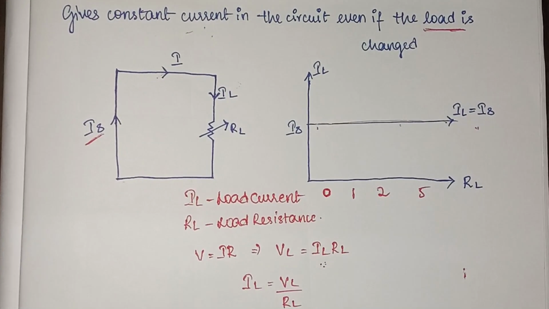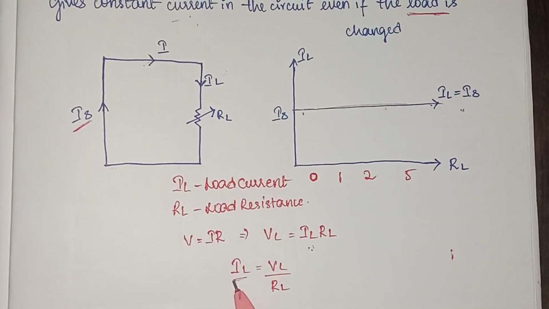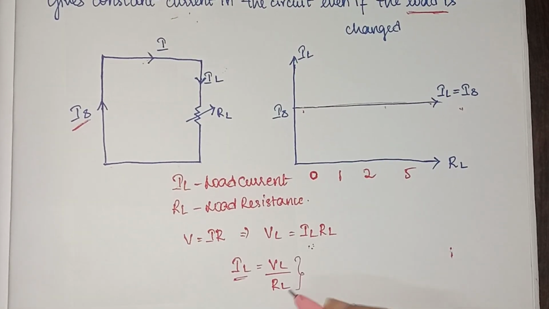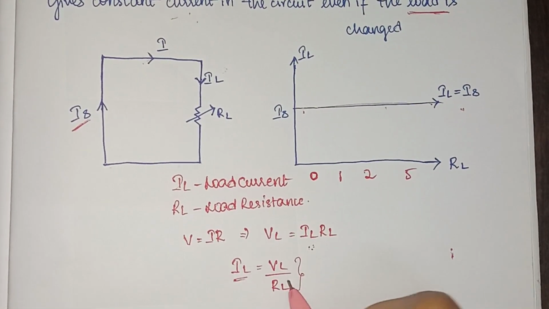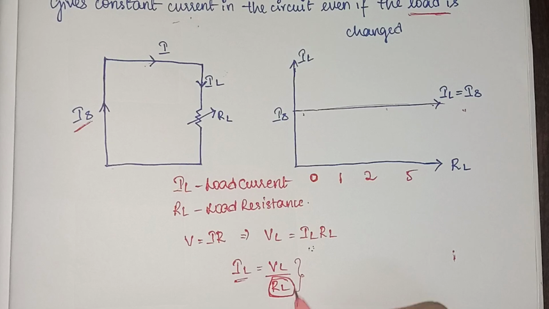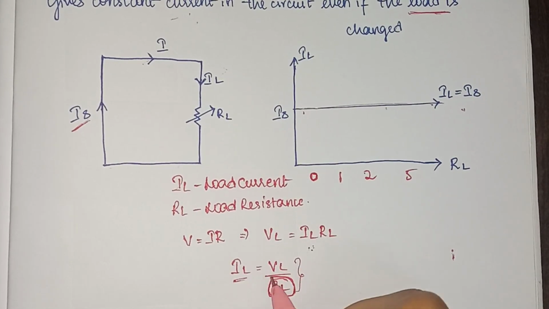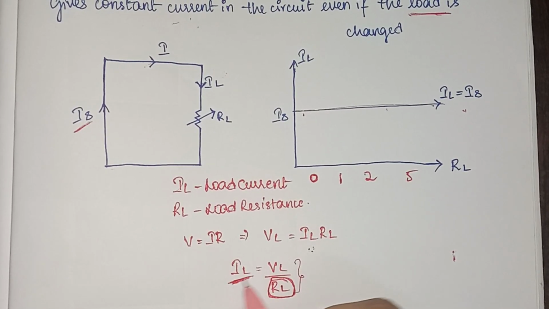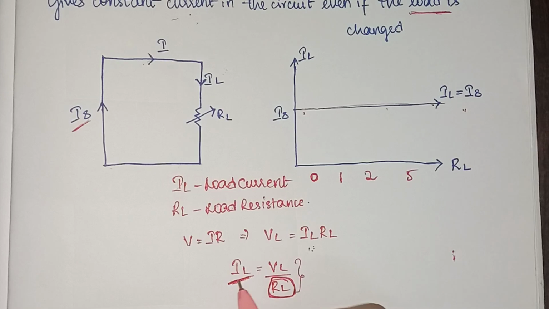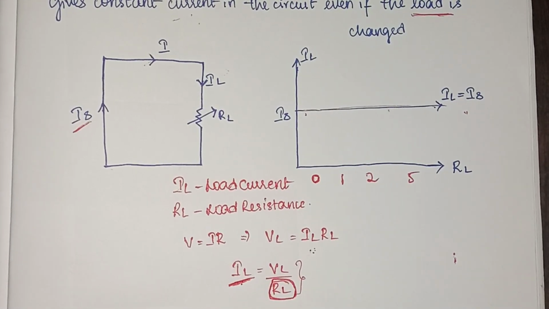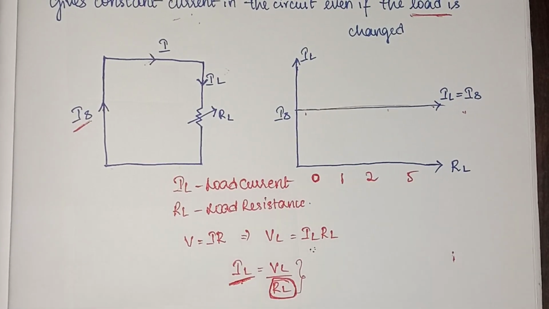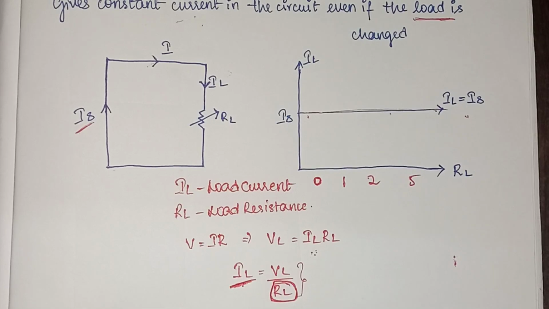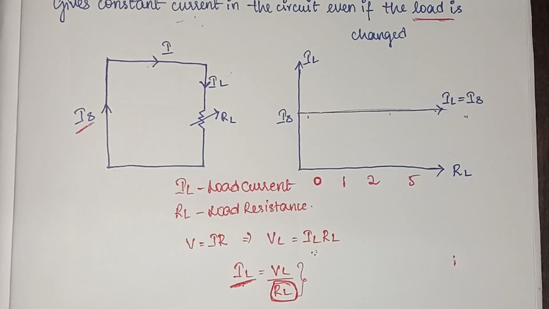In this way, we can derive IL value, means load current value is generated by this. So if there is any change in this load resistance, automatically there will be no change in this load current, which means it will be constant. So this is what he is trying to explain in this ideal current source concept.